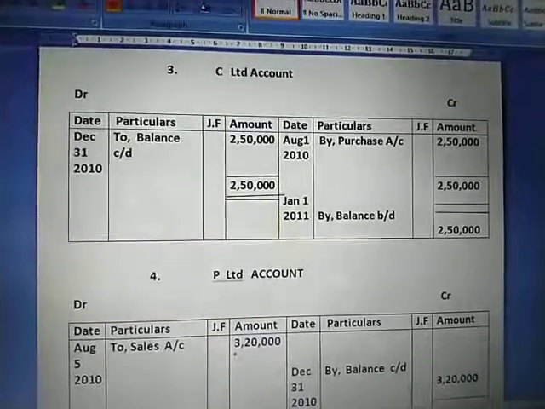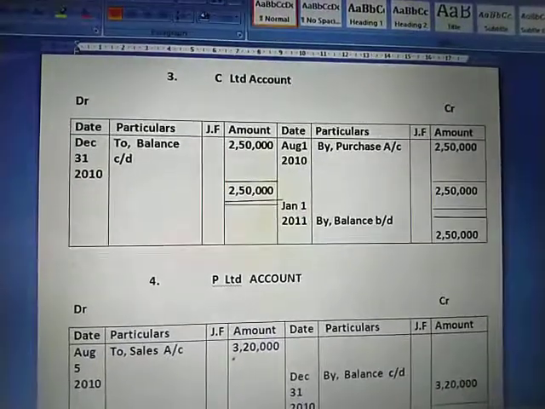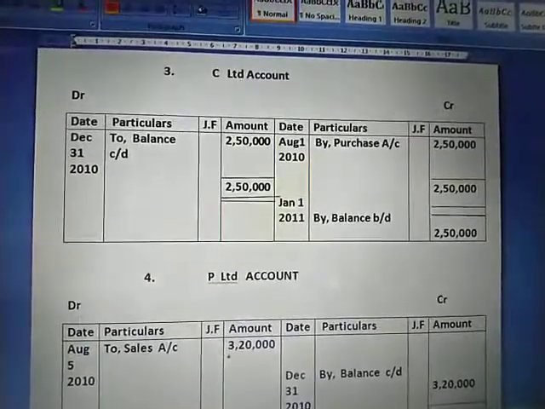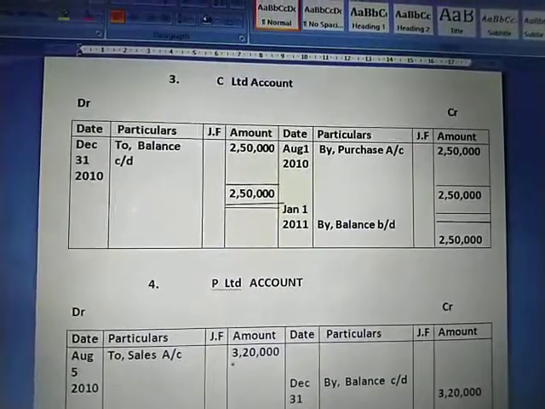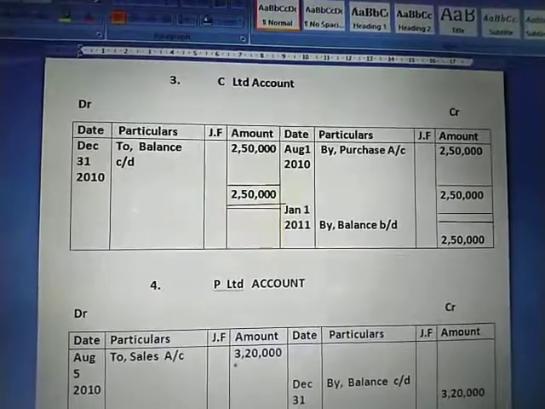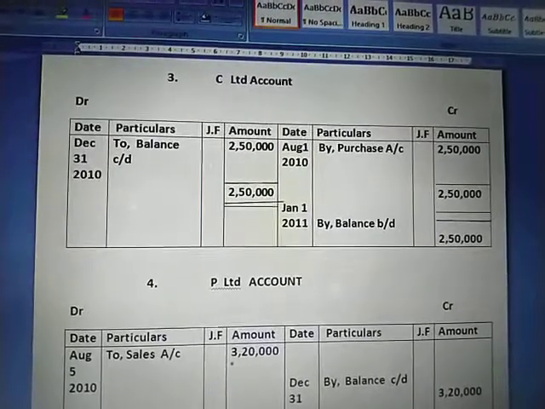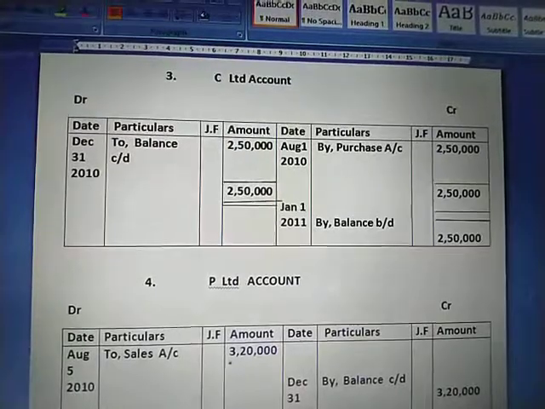Now here we have C limited account. C limited is our creditor, so here the rule is that we have to transfer the balancing figure as balance CD, and then we will bring that down on the next opening date as balance BD.